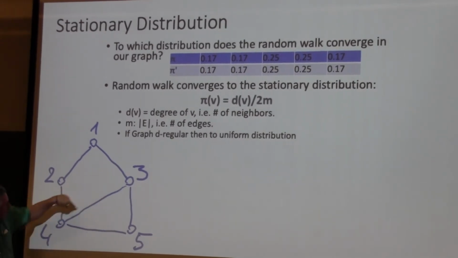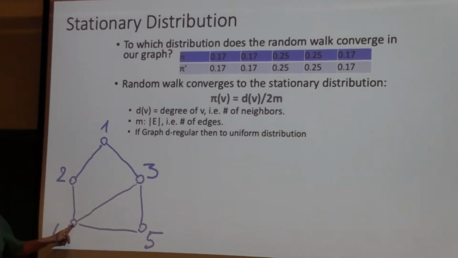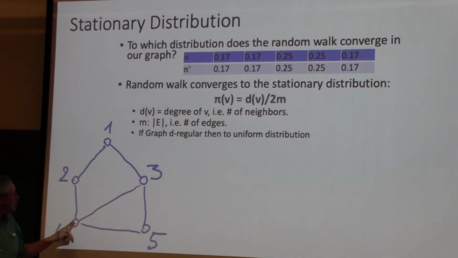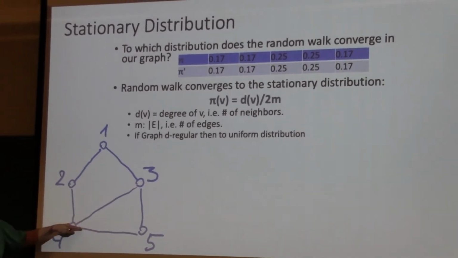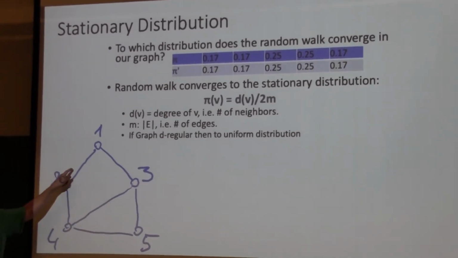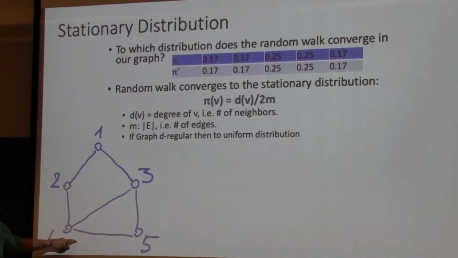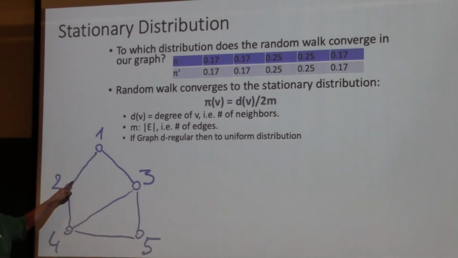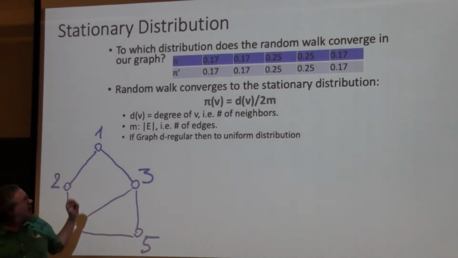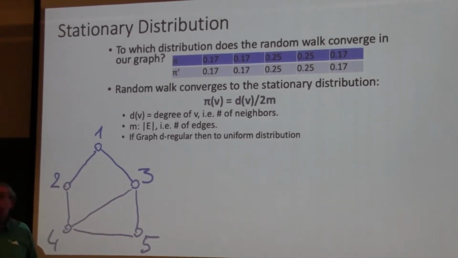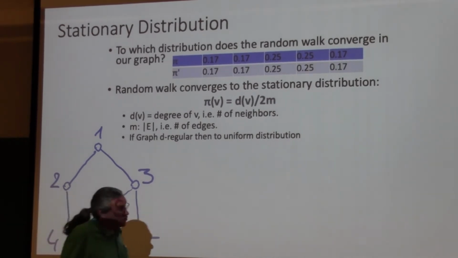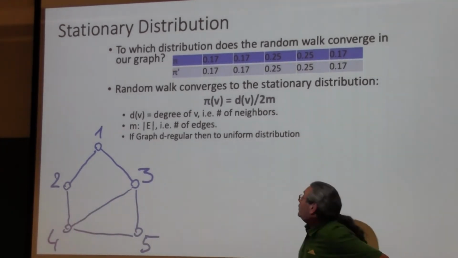So 2m, because each edge actually counts twice. So it's very simple. I have 1, 2, 3, 4, 5, 6 edges, that makes 12. Here I have 3 over 12, 2 over 12, 2 over 12, 3 over 12, 2 over 12. So the calculation is very simple.